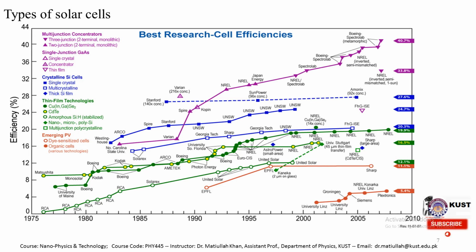This is a really interesting image that shows the types of solar cells and their corresponding efficiency. It gives a very broad understanding of the different companies that are producing different sorts of solar cells, and their corresponding efficiency is shown. On the vertical axis we have the efficiency, while on the horizontal axis we have the year-wise improvement in efficiency.